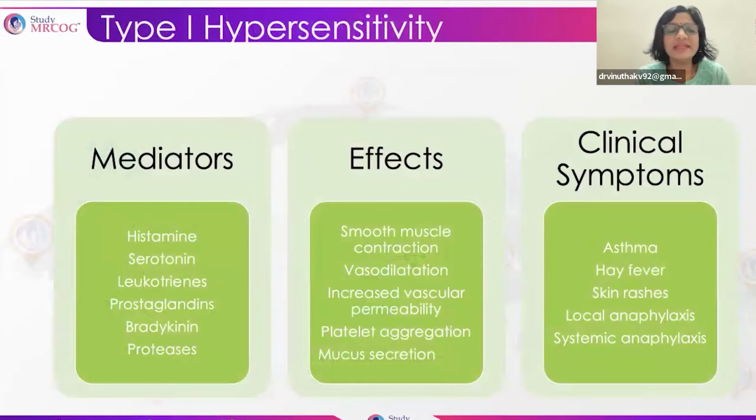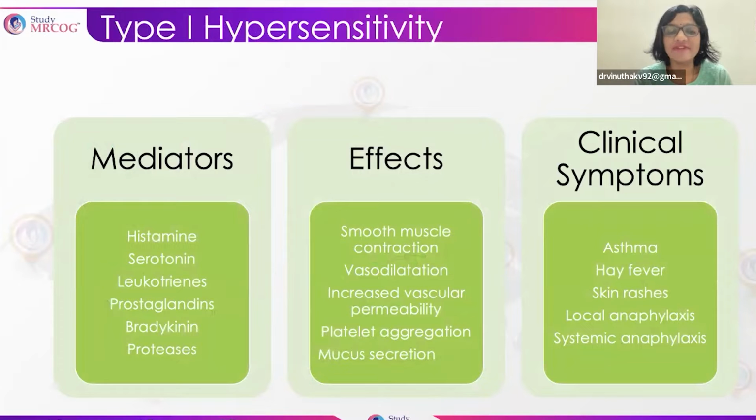The mediators released during this are histamine, serotonin, leukotrienes, prostaglandins, bradykinin, and proteases. All these cause smooth muscle contraction, vasodilation, increased permeability, platelet aggregation, and mucus secretion.